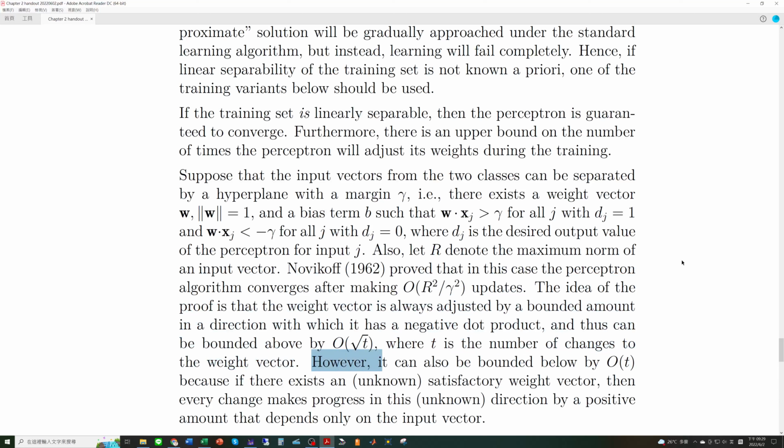However, it can also be bounded below by big O of t, because if there exists an unknown satisfactory weight vector, then every change makes progress in this unknown direction by a positive amount that depends only on the input vector.